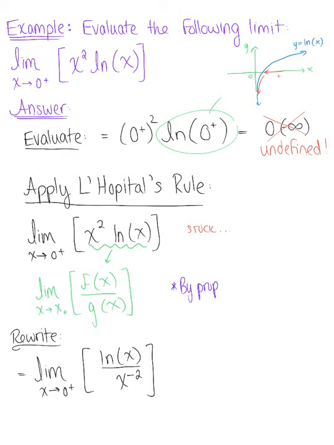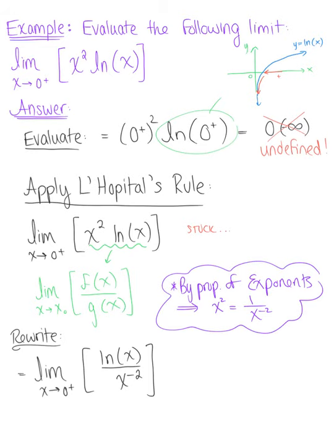So by the properties of exponents, we know that x squared is the same thing as 1 over x to the negative 2. And that's what we use here.